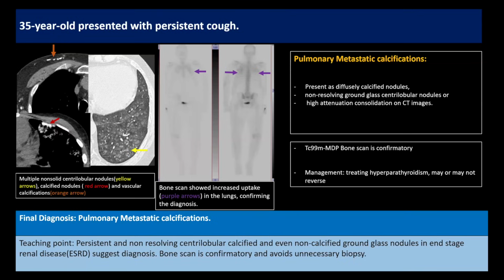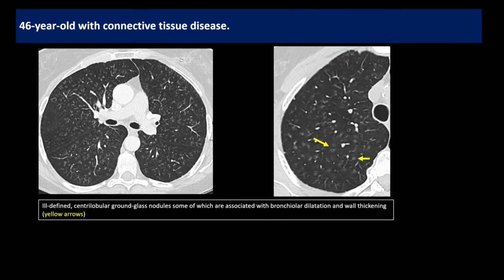So in the presence of centrilobular calcified and non-calcified ground glass nodules in end-stage renal disease, one must think about pulmonary metastatic calcifications.